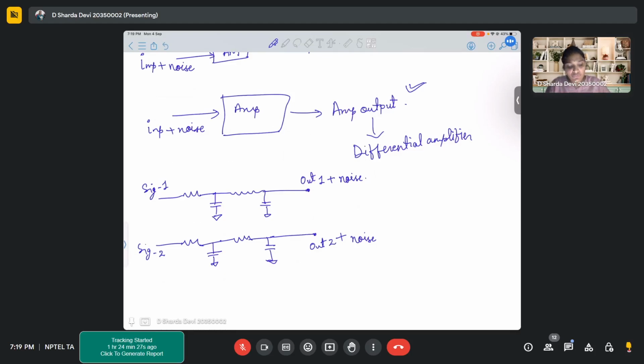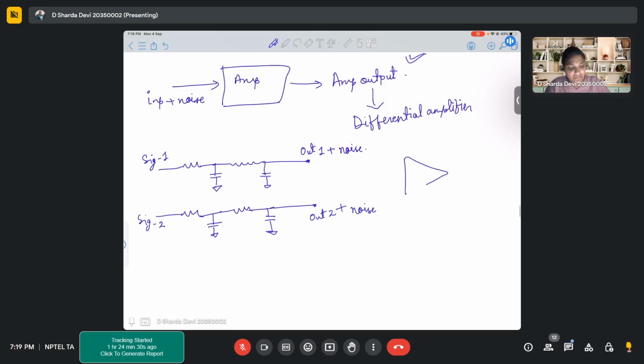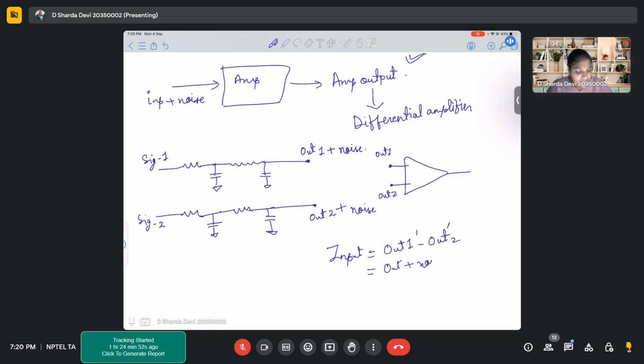Now from here you can get that idea. When you go for a difference amplifier, let's say this is fed to an op-amp with out 1 here and out 2 here. The resultant input to the op-amp will be how much? Out 1 minus out 2. So, which is out 1 plus noise minus out 2 minus noise.